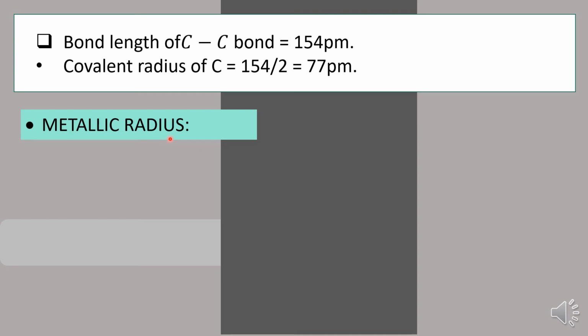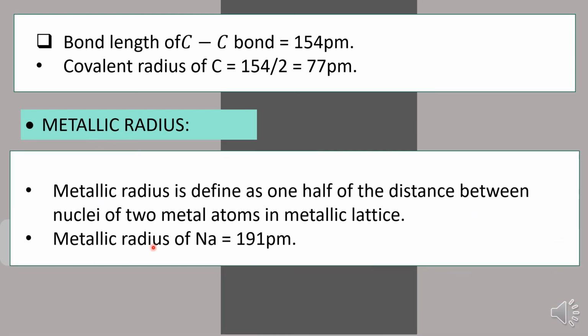We determine the distance between two close or adjacent atoms, and this distance should be divided by 2 to get the metallic radius of a single atom. Metallic radius is defined as one half of the distance between the nuclei of two metal atoms in a metallic lattice. So the metallic radius of sodium is 191 picometer. This was all about metallic radius.